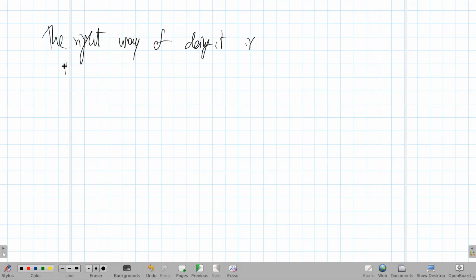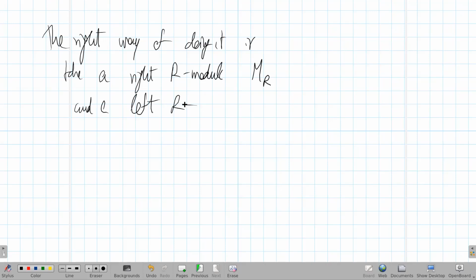Take, just a second, a right R-module M, which I'll write as M with R on the right, okay, to say M is a right R-module, and a left R-module N, okay, and do the tensor product as before.